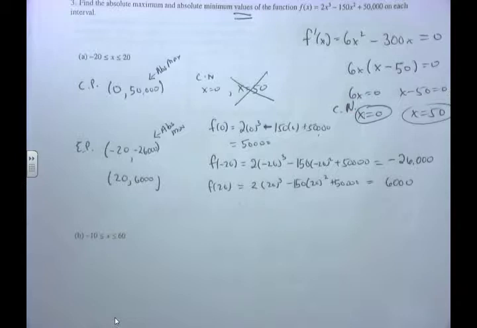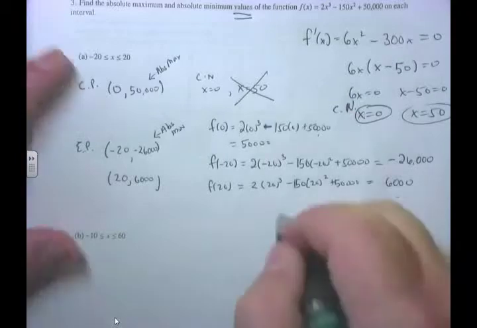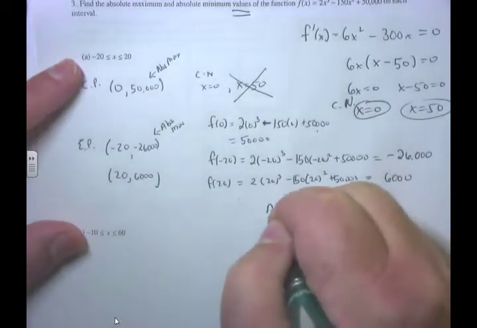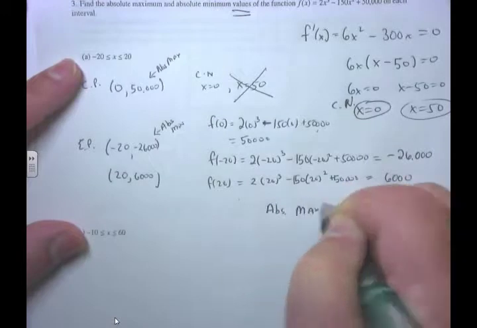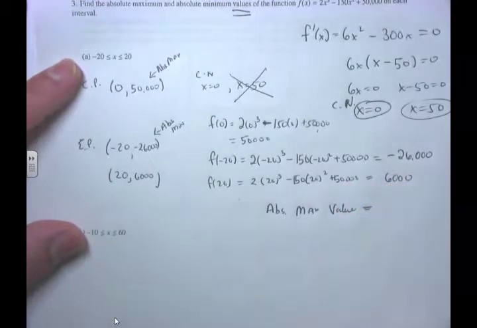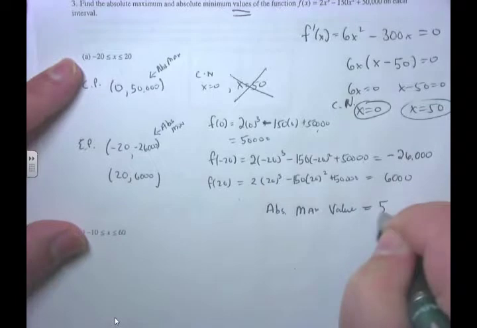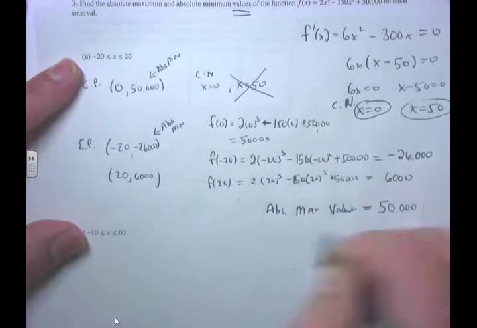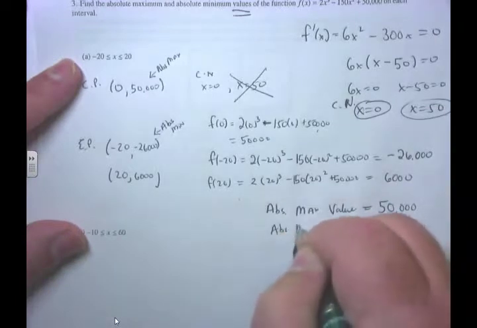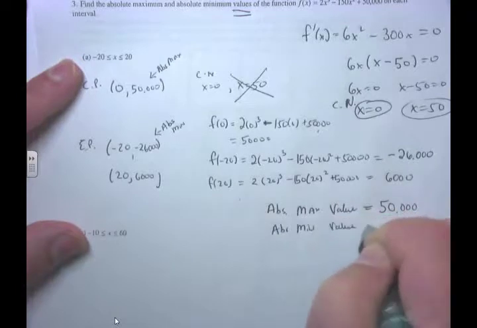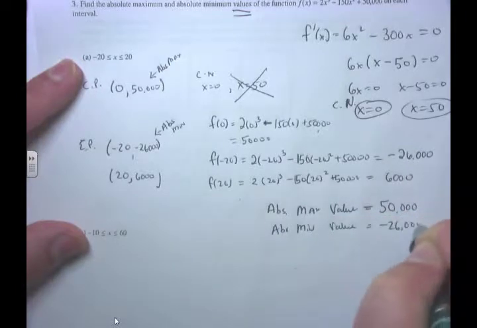The values are the y-coordinates. So, answering their question, the absolute max value is equal to 50,000. And the absolute min value is equal to negative 26,000.